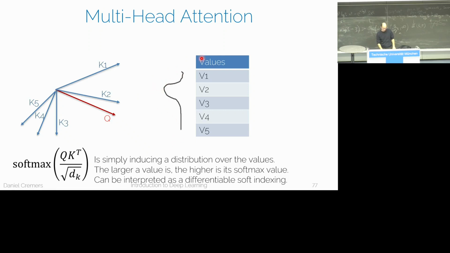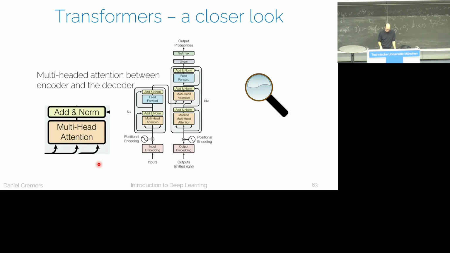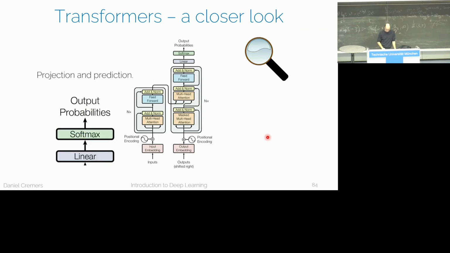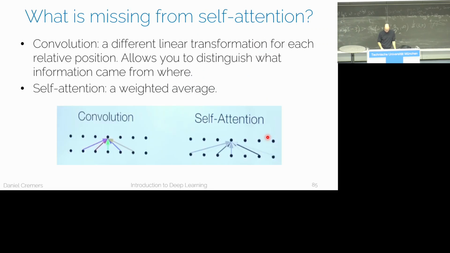And the question is, how can I mask out certain elements such that it's still normalized? Well, I mask them out before applying the normalization. And I do that by applying the softmax as this exponentiation. If I take minus infinity, then that will be mapped to 0 and the remaining structure will be normalized. So this is how the masking works. So you see there's a lot of details in there that are not seen here on the slide. But this is the idea of this masked attention.